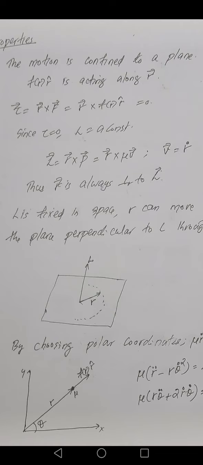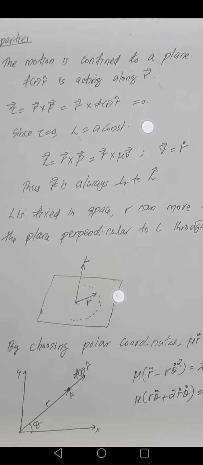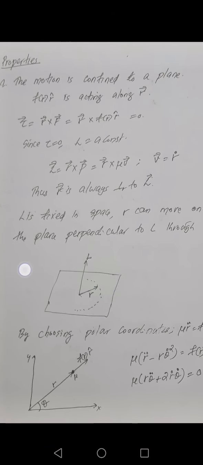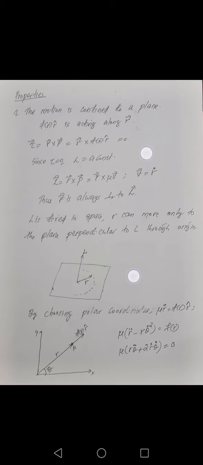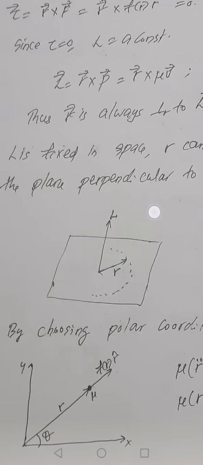Now L is fixed in space. We know that L is some fixed direction. So L is fixed in space, and r can move only in a plane perpendicular to L. I am giving a figure like this.